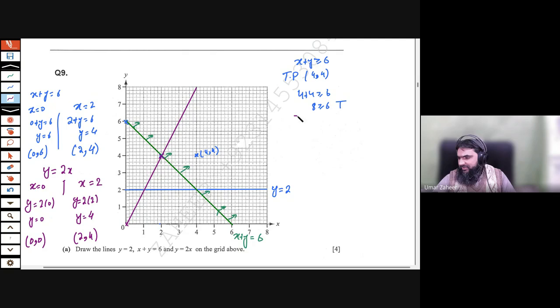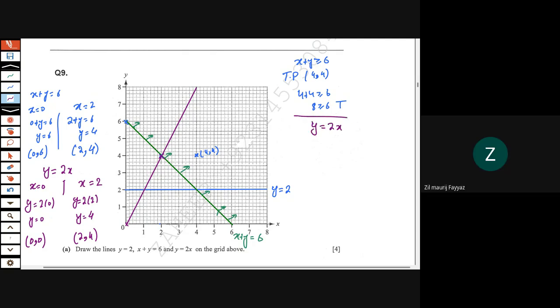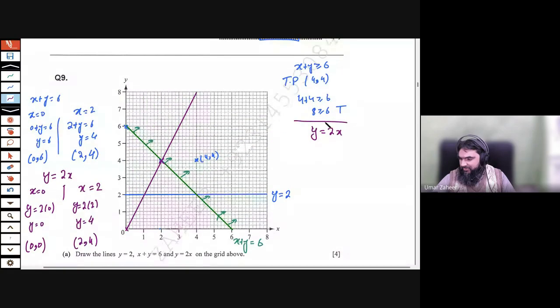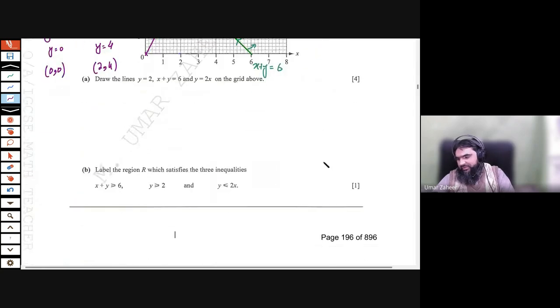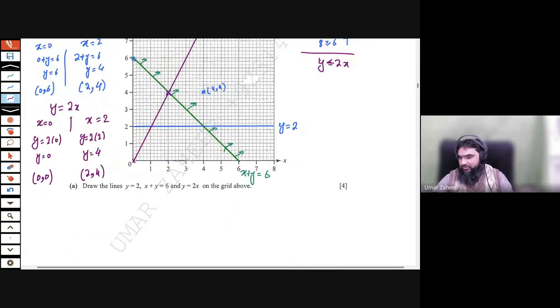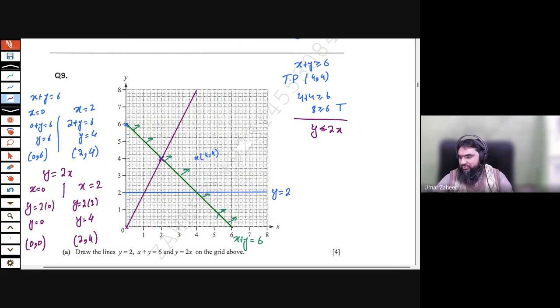The next inequality we have is y is lesser than or equal to 2x. So again, we have to choose any test point. I'm choosing the same test point, that is 4 comma 4.